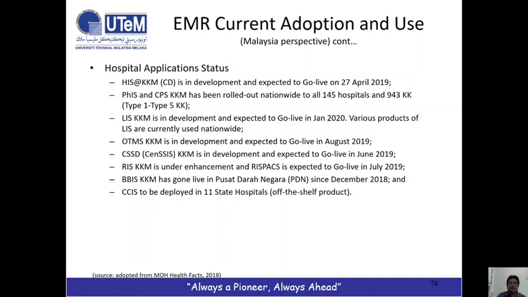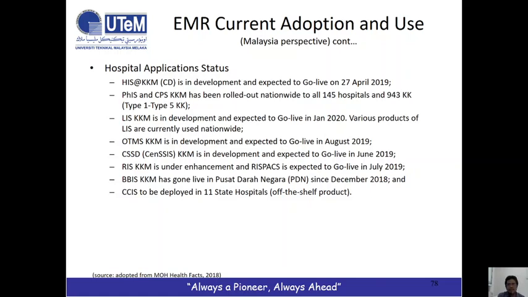Okay, we look at the hospital application status. What are the ICT initiatives currently done in hospitals across Malaysia? HIS KKM is in development and expected to go live on 27 April.